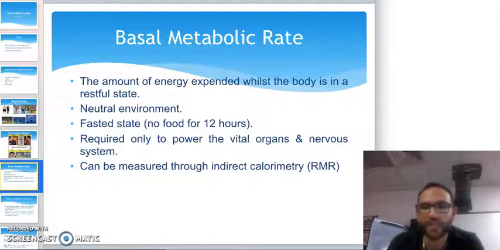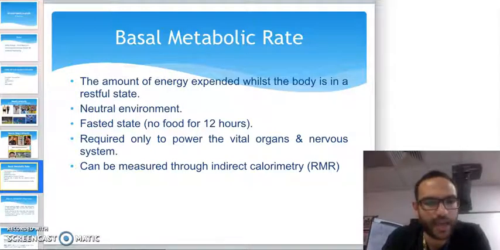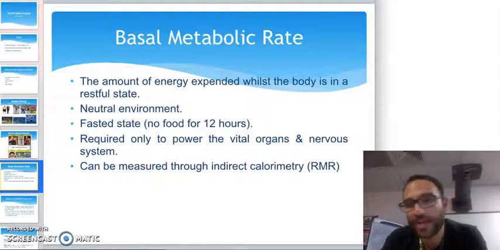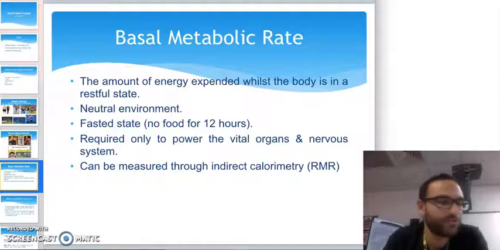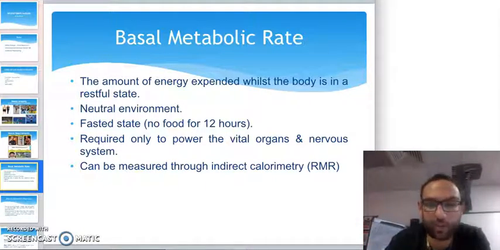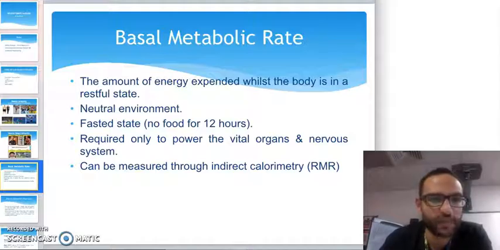So there's no energy expenditure coming from food digestion, that's the thermic effect of food. There's no energy expenditure from exercise. There is literally nothing going on other than just being in existence and your body surviving in a relatively healthy state.